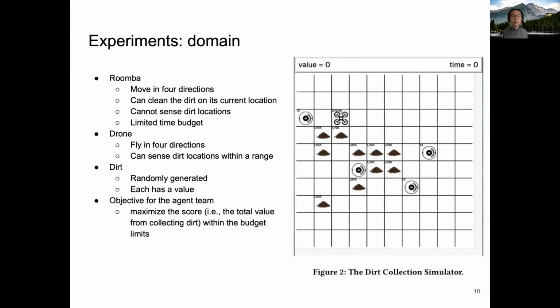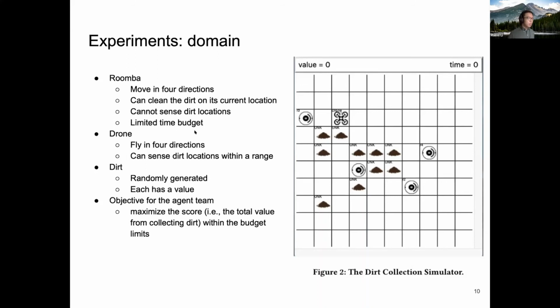Here is our experimental domain. We have Roombas that can move around and they can pick up the dirt right beneath it, but they cannot sense their locations except for the one right beneath it. And they have limited time budget. By the way, each command or each action is associated with a time duration.